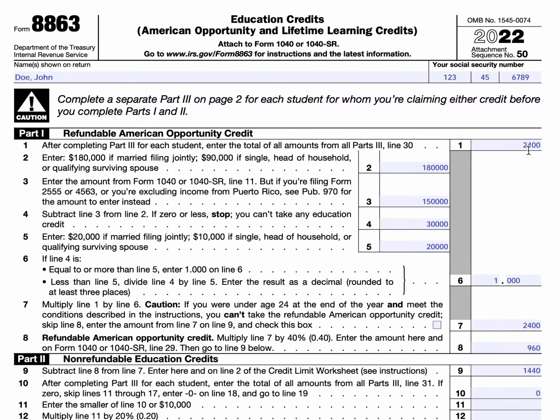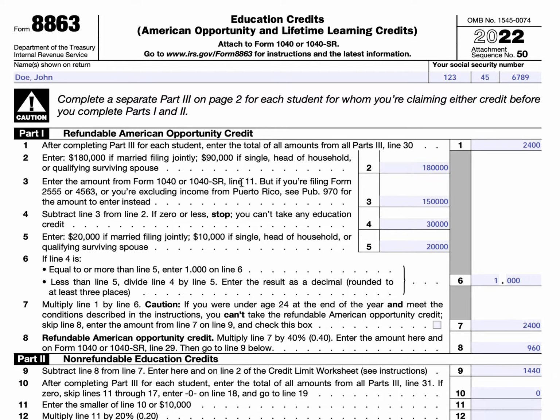So now there are income limitations to the American Opportunity Credit on the refundable side. In order to figure that out, you have to go through steps 2 through 5, basically. So in step 2, John Doe, in this case, is a married taxpayer filing a joint tax return, so we put in $180,000.